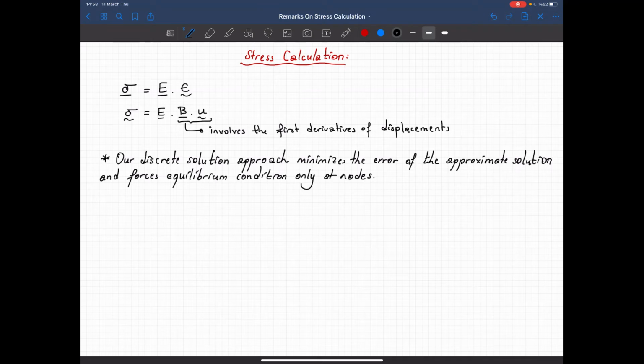So in between the nodes, how much error we get depends on the shape functions that you are using and of course the number of elements that you are using, okay?